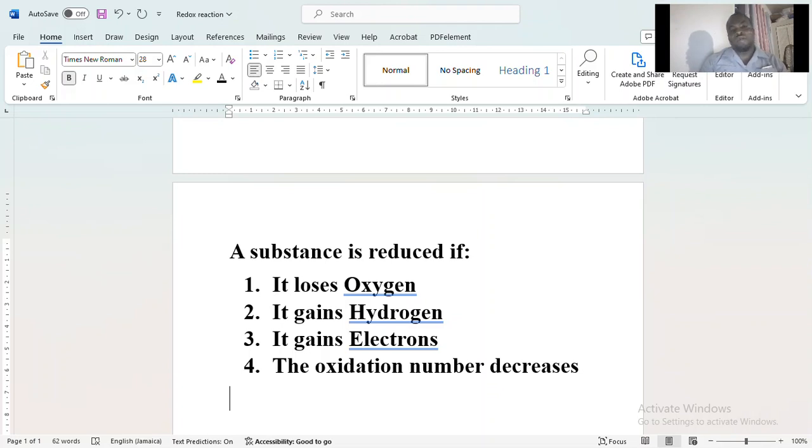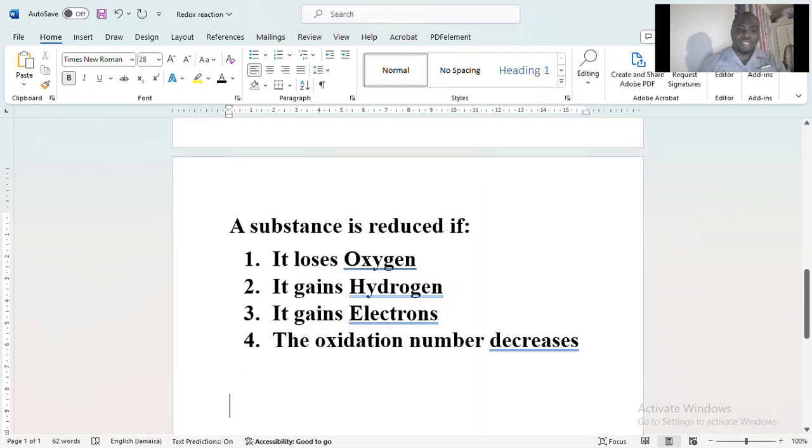But if we're looking at it in terms of ionic compounds, they are formed from ions. We know we have cations and anions. We know as well, or you should know, that metals are the ones that actually lose electrons. And so, majority of the time, if you're looking at a metal moving from an atom to an ion, it will be losing electrons. And so metals will basically undergo oxidation.